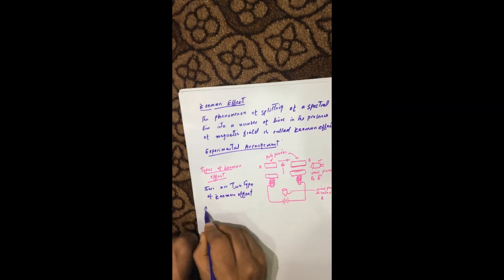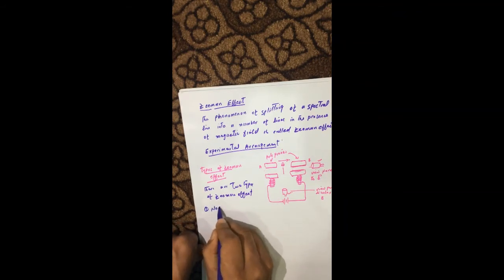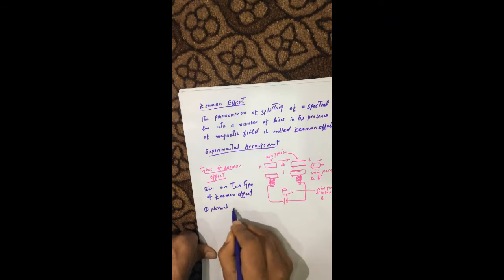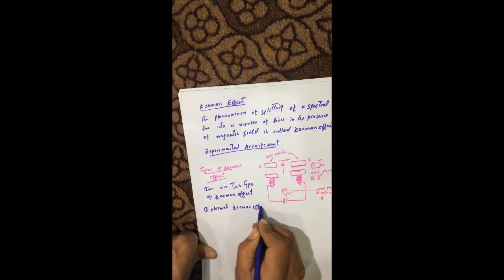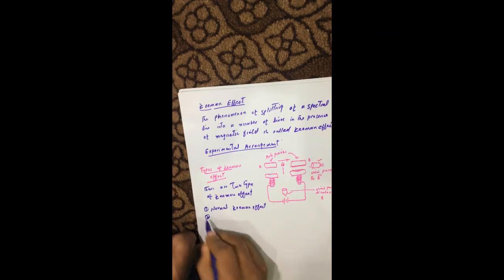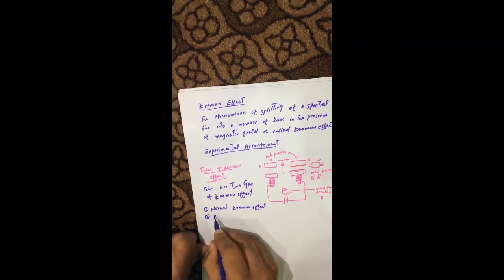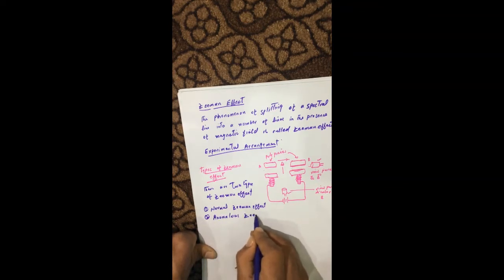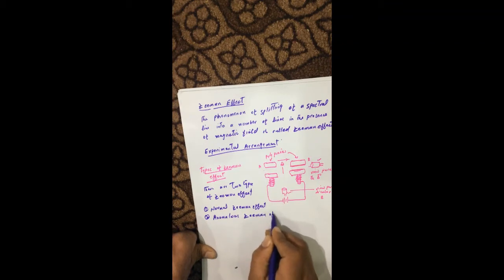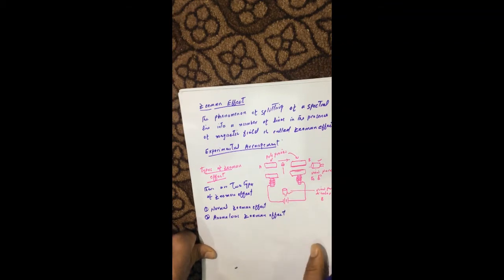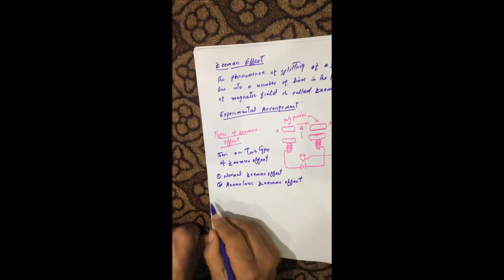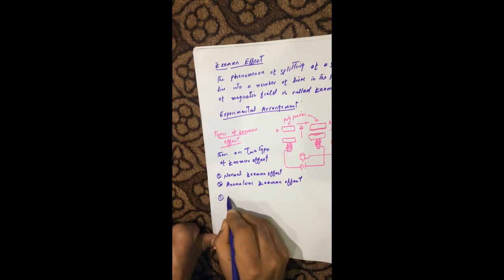There are normal Zeeman effect and the second one is anomalous Zeeman effect. So first we will discuss normal Zeeman effect, number 1.